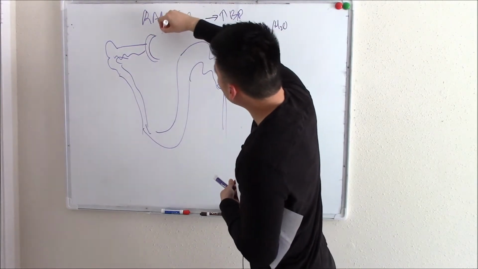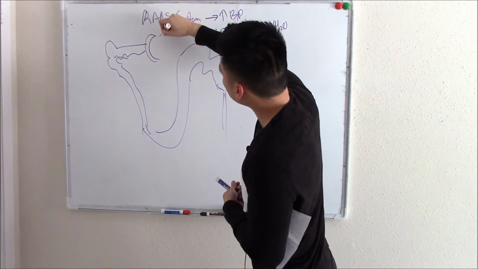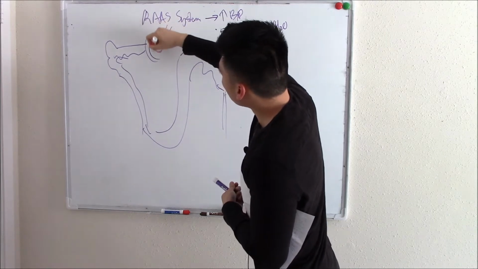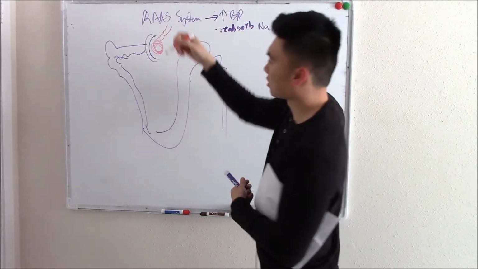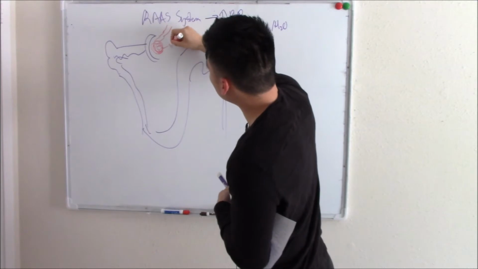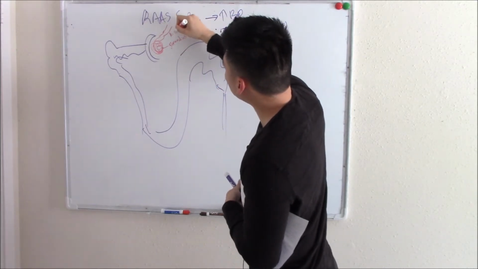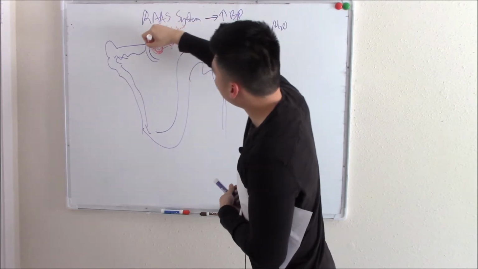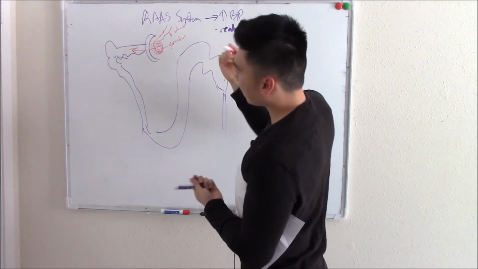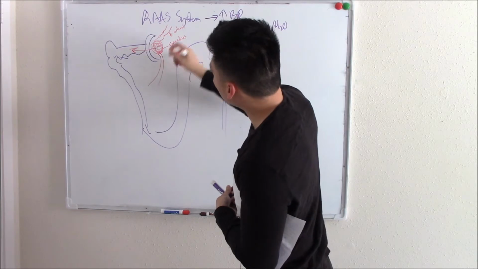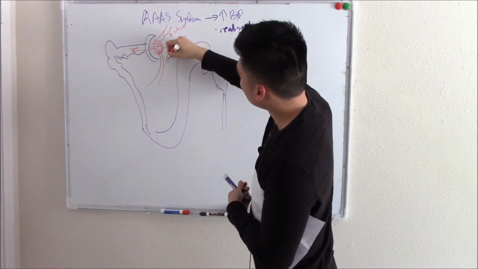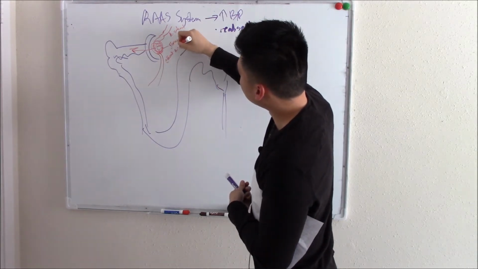So here's your afferent arteriole. And your arteriole will eventually become capillaries. A bundle of capillaries called your glomerulus. All right, afferent arteriole. And it'll feed plasma through. And anything that doesn't get through will leave via the efferent arteriole.